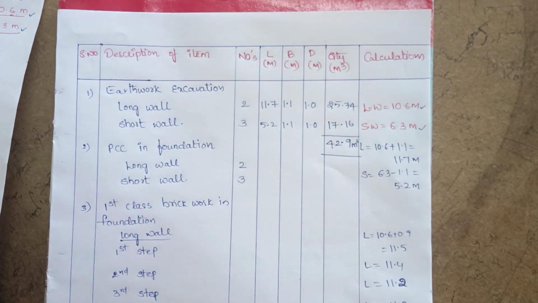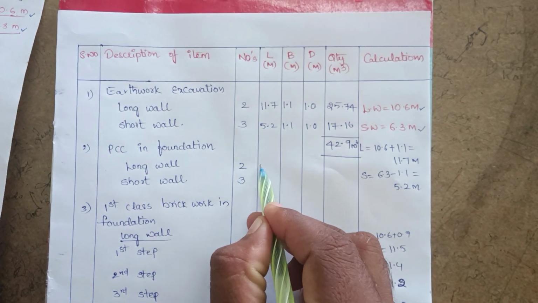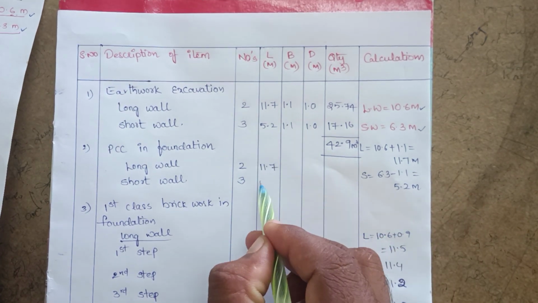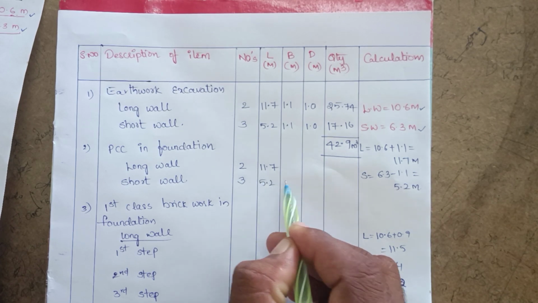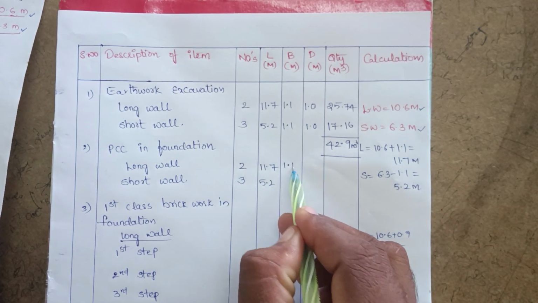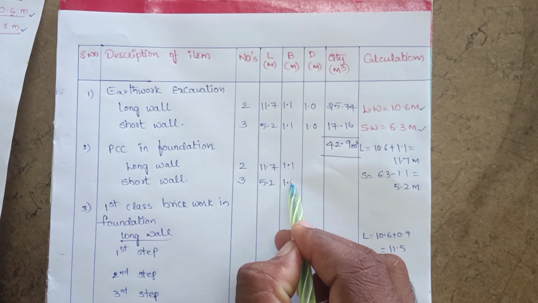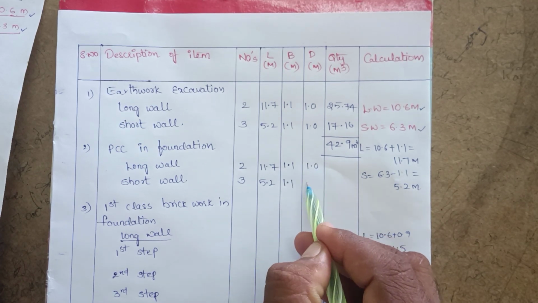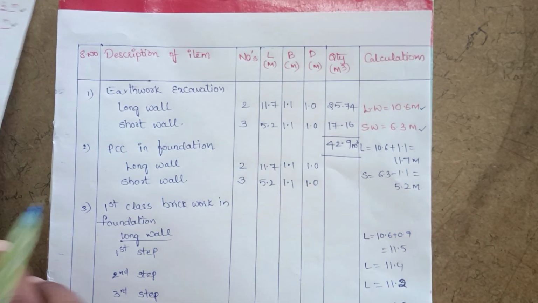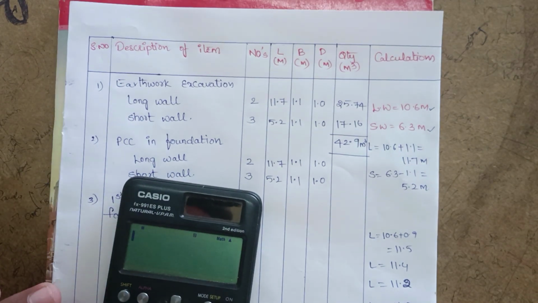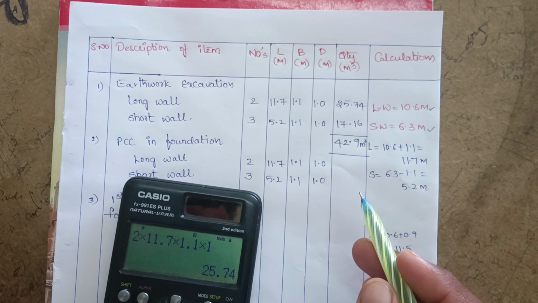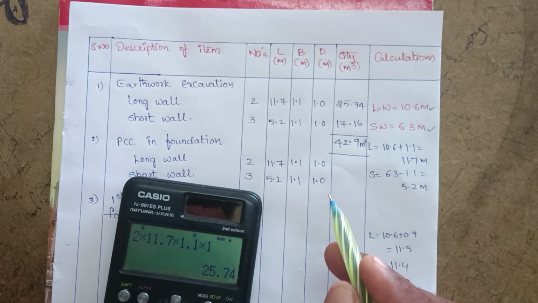The length of the PCC is the same as earthwork excavation, which is 11.7 meters, and for the short wall 5.2 meters. Breadth is 1.1 meter for both. The total quantity is 2 into 11.7 into 1.1 into 1, which is 25.7.